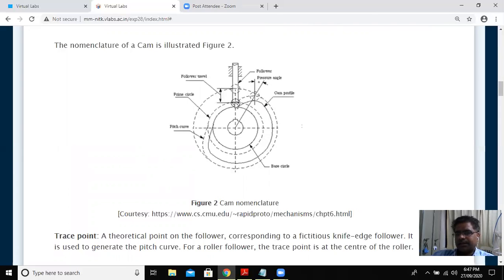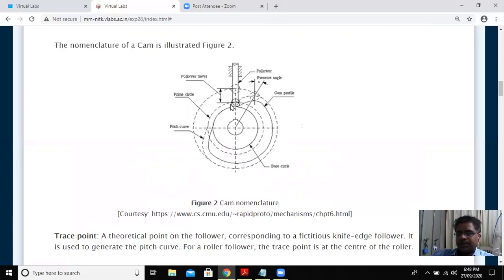The roller is attached to the end of this follower, and you can see one point at the center of the roller. That point will be called as the trace point on the follower. If I am keeping this follower stationary and rotating the cam through 360 degrees, I will be getting one curve, a curve like this, which is traced by the trace point. That curve is called as our pitch curve.